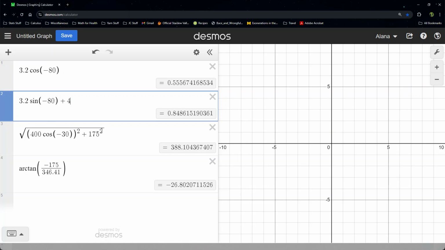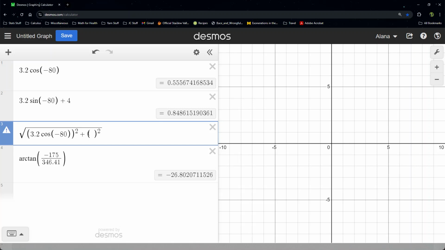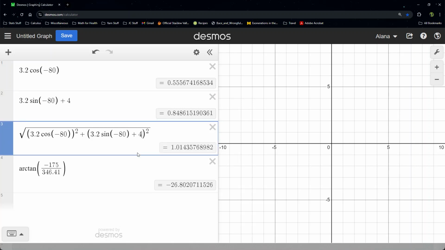And then, just to preempt ourselves, we can see the values here. So we know we're going to need to take that value and square it, plus this value and square it in order to find the magnitude that we know is coming. So I'm just going to get these in here right now. There we go.